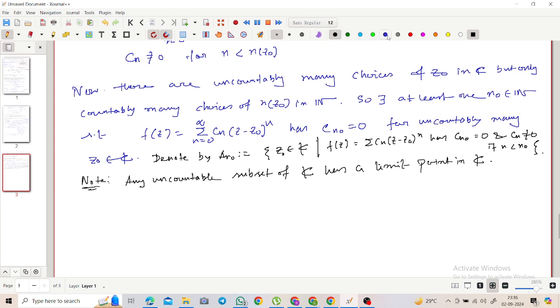So how do we prove it? We know that C has a countable basis, just as R2.